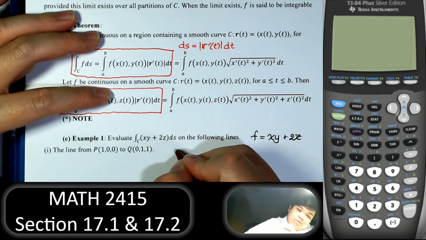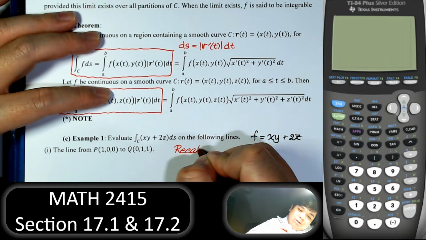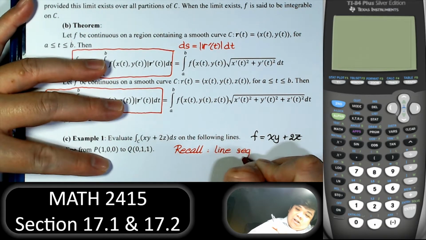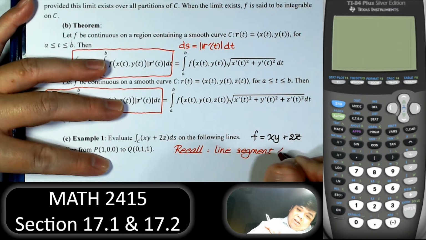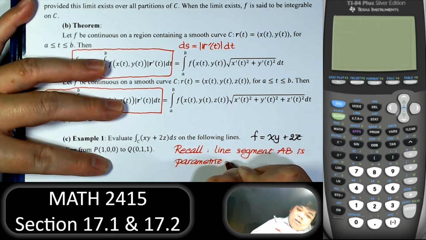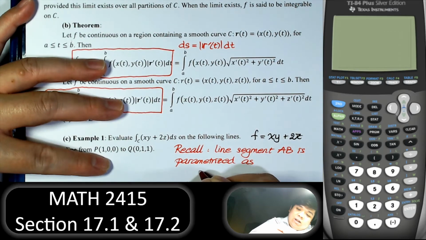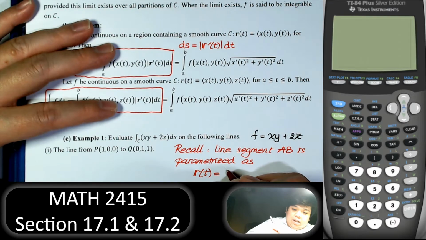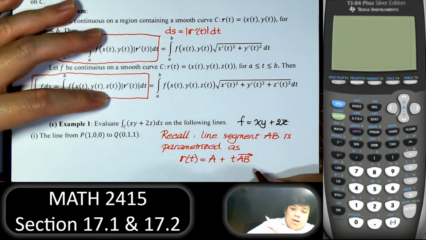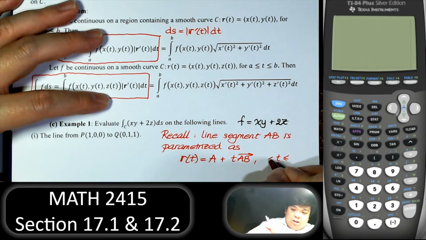We call a line segment AB parameterized as: we go from the initial point plus the vector connecting them, t between 0 and 1.